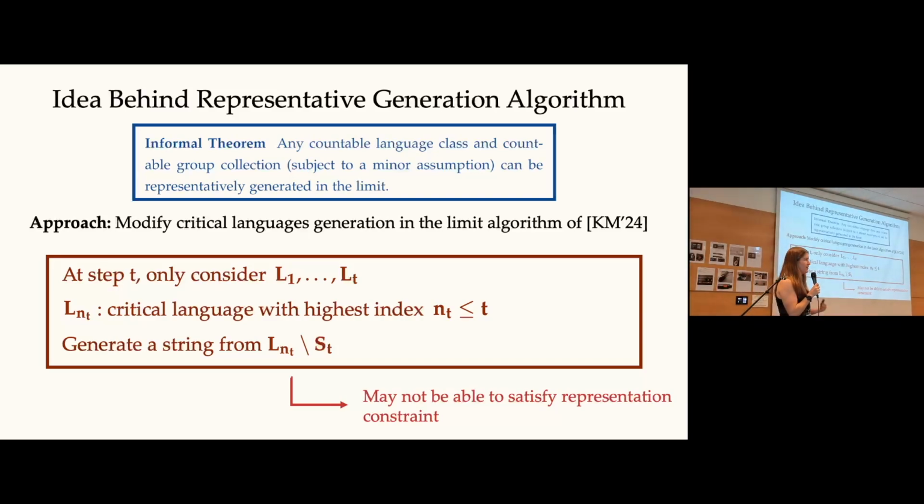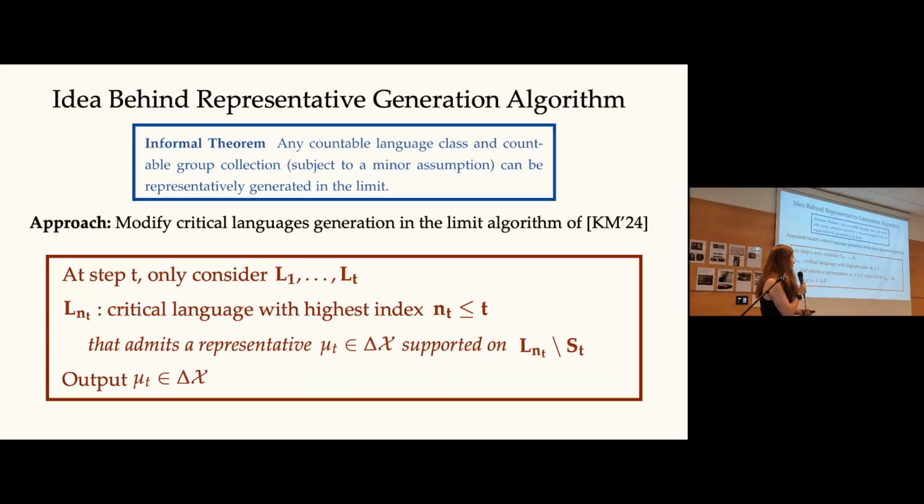For instance, if we've seen a lot of members of a particular group that is finite in the most critical language, there are no more unseen members from this group to put in our output support. So the small switch we make is to filter out languages for which we can't achieve this constraint. If there's just no way, we ignore it and assume that maybe we'll get to it later, or we just don't need to care about it.